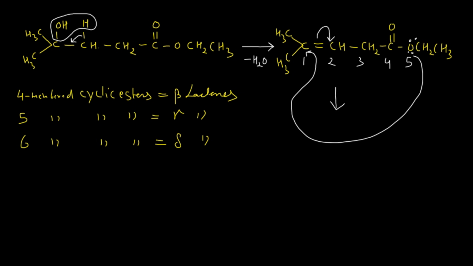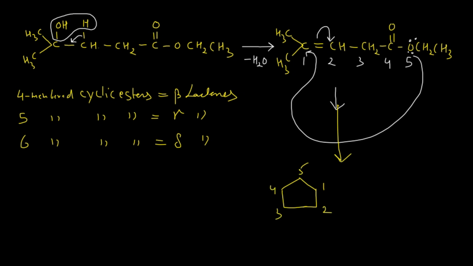When this happens, carbon number 1 and oxygen number 5 will make a connection and form a bond, converting it into the 5 membered ring 1, 2, 3, 4, 5, in which there is a connection between the carbon and the oxygen. First, simply draw your 5 membered ring and do the random numbering 1, 2, 3, 4, 5.